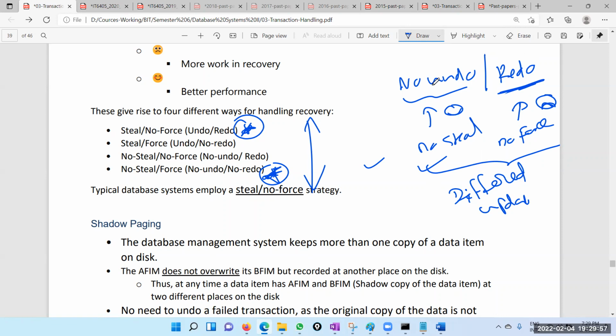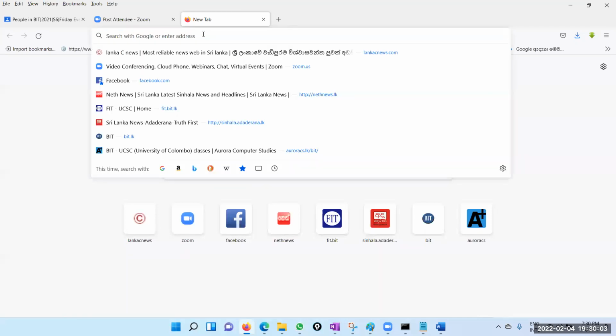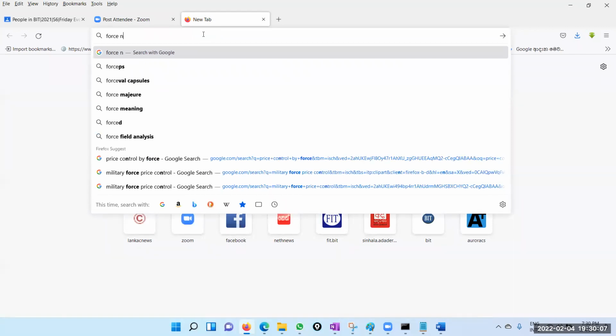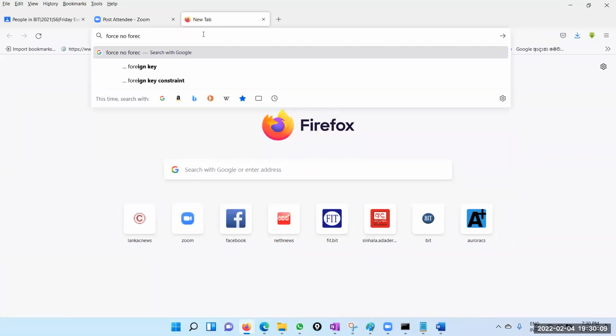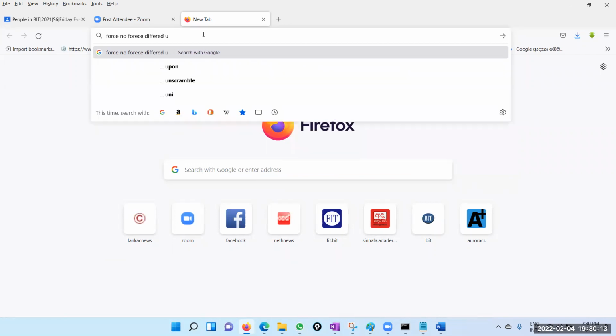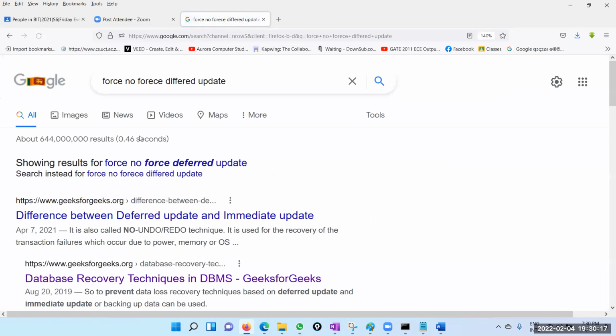Okay, so there is this table: force, no force, deferred update. That table I have not included in your note.